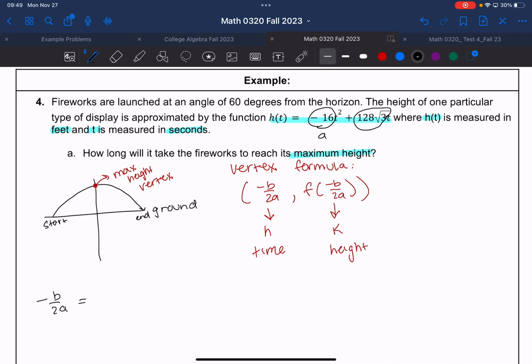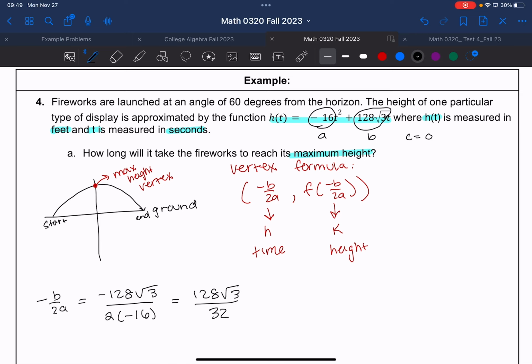So that square root of 128 times the square root of 3 is our b. Do we have a c value? We don't, so c is equal to 0. Okay, so we're using those values to plug it in. So negative b means negative 128 square roots of 3 over 2 times a, which is 2 times negative 16. That is going to simplify to 128 square roots of 3 over 32, because those negatives will cancel each other out from top to bottom.